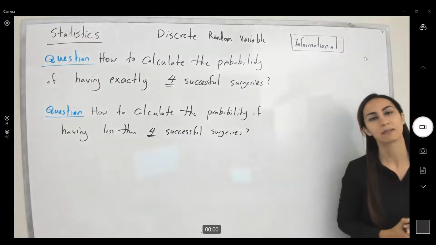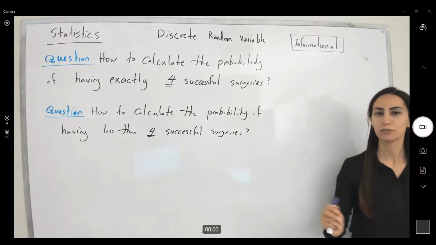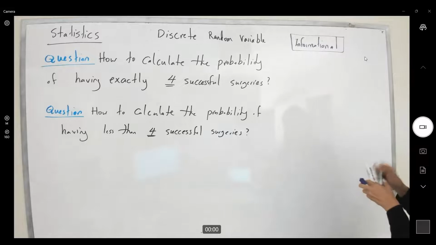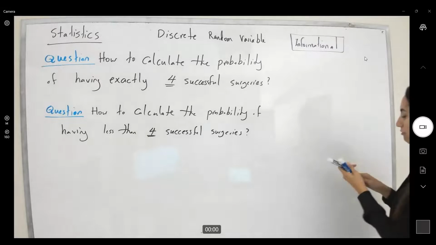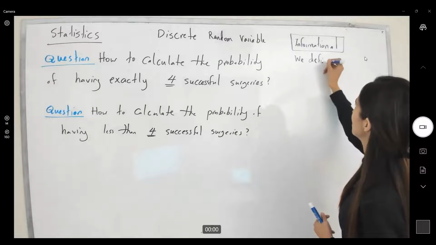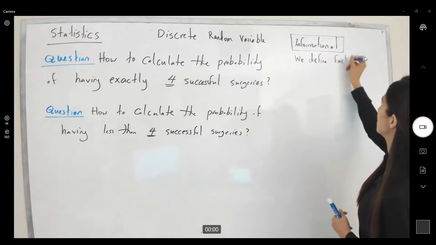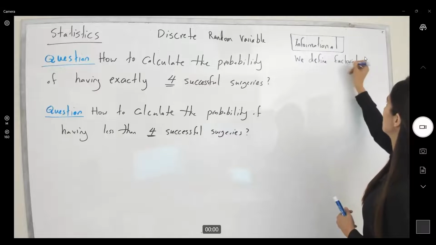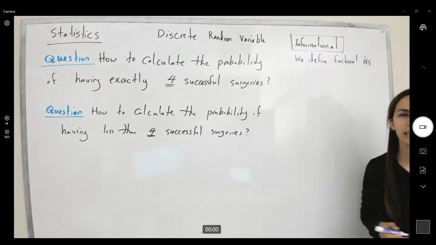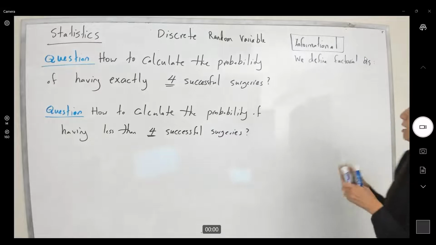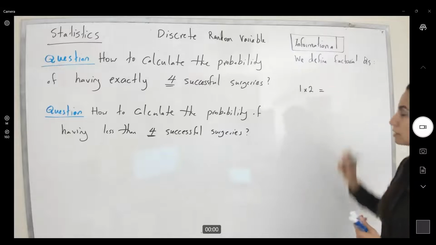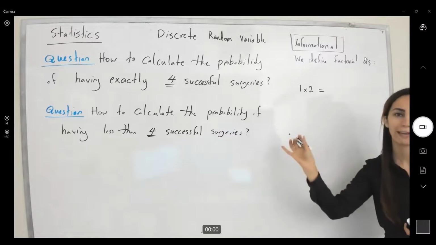If you haven't heard about factorial before, we're going to briefly talk about factorial. In math, we define factorial this way. 1 times 2 is defined as 2 factorial.